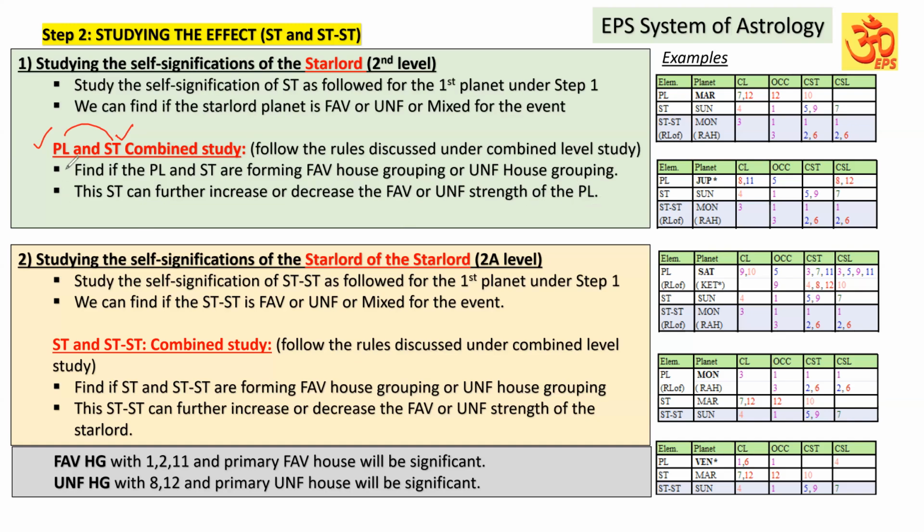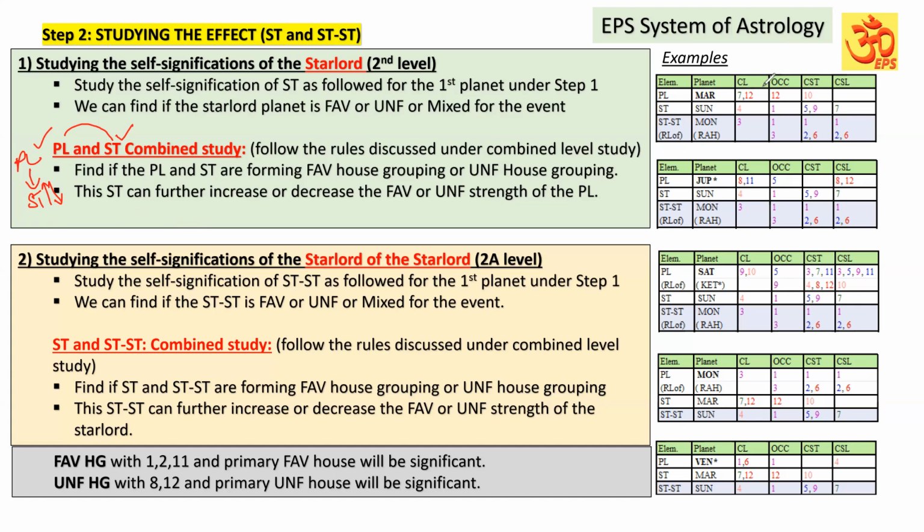Suppose, when we are studying planet and Starlord combinedly, the planet's signification is further supported by the Starlord. It means the favorable houses of the planet are increased by the Starlord, or the unfavorable houses are increased by the Starlord. That way, the Starlord can further increase or decrease the favorable or unfavorable strength of the planet.